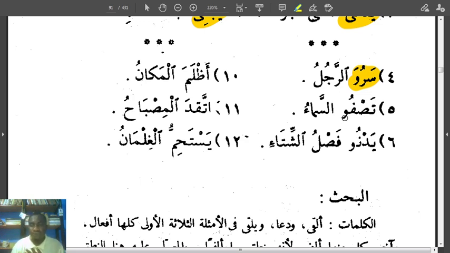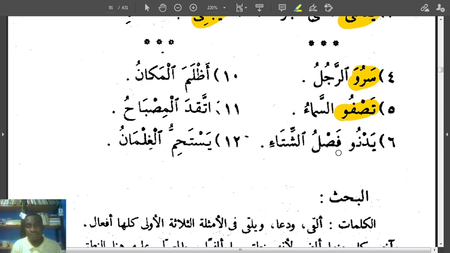Okay. Tasfu as-sama'u. Tasfu from the verb safa, bimana to become clear. Tasfu as-sama'u, the sky is becoming clear.